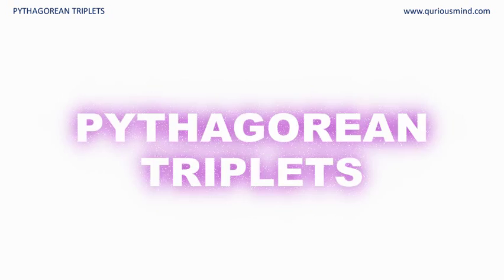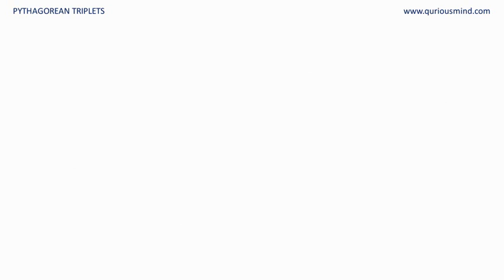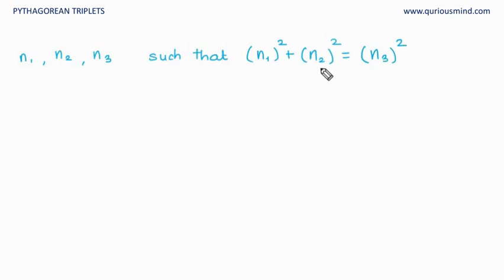Hello everyone. In this video, we will see what are Pythagorean triplets, and we'll also learn a method to find Pythagorean triplets. So if we have three numbers n1, n2, n3 such that n1 square plus n2 square is equal to n3 square, which is the Pythagoras rule.